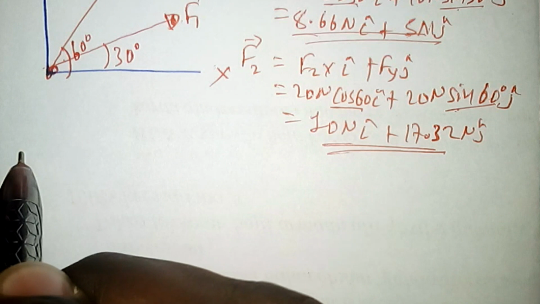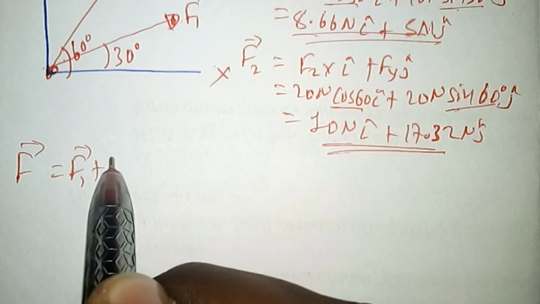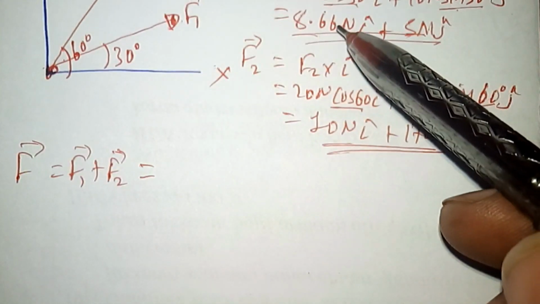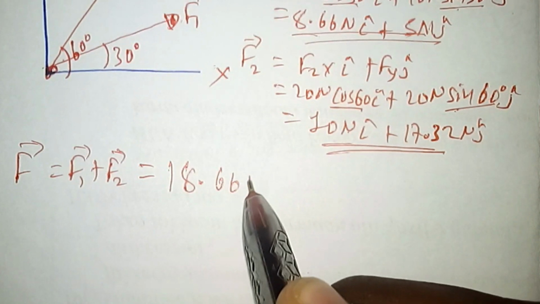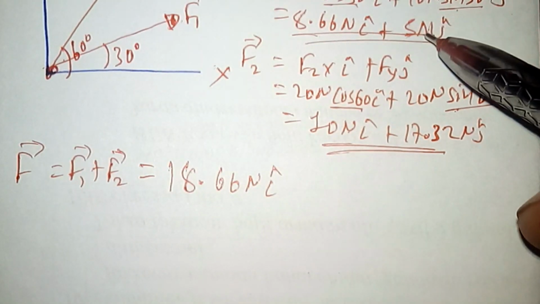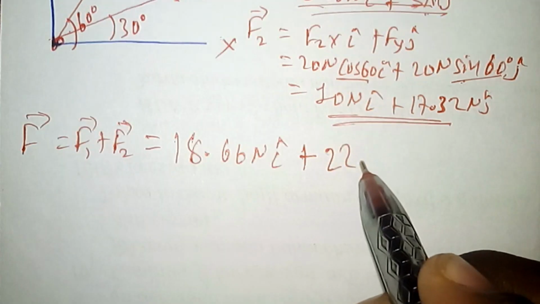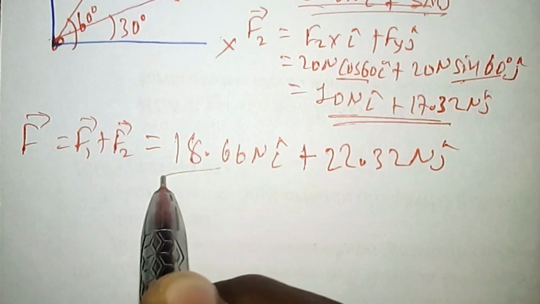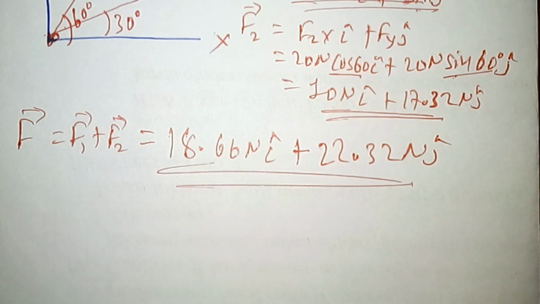Then the resultant force F is the sum of F1 plus F2, which gives 8.66 plus 10 is 18.66 Newton i, and 5 plus 17.32 is 22.32 Newton j. These are the components of the resultant vector.